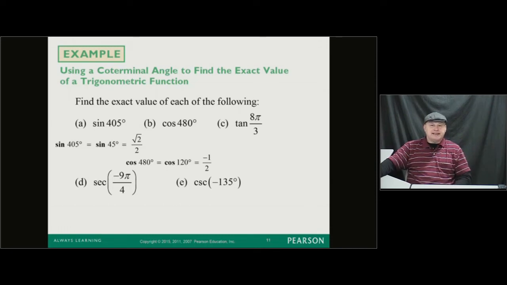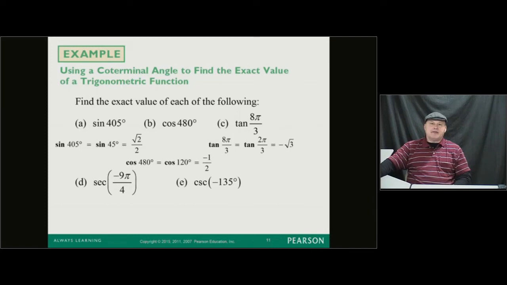What I do want you to know is that the cosine of 480 degrees is the same as the cosine of 120 degrees because those two angles are coterminal. You will soon know what the cosine of 120 degrees is, but right now you just need to know the cosine of 480 is the same thing as the cosine of 120, which, by the way, is negative 1/2.